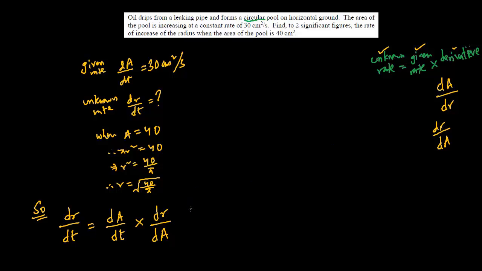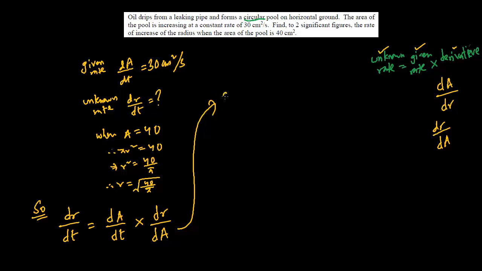So we can put the values in over here. Let me write it. dr by dt equals 30, since dA by dt is 30, into dr by dA. dr by dA is the reciprocal of dA by dr. Now we have to find the derivative. The area of a circle is pi r square, where pi is a constant, 3.142.